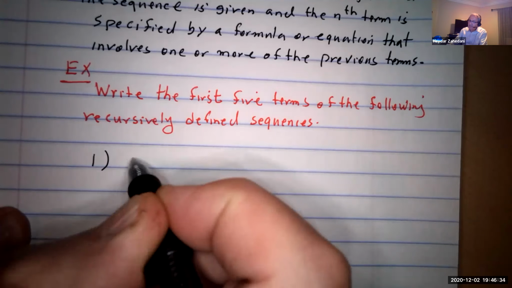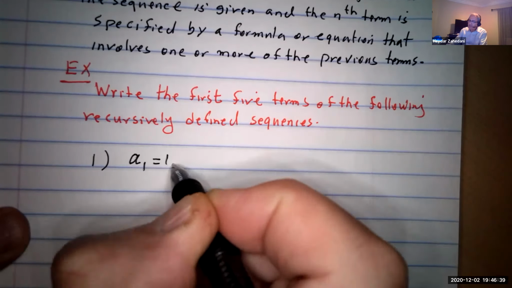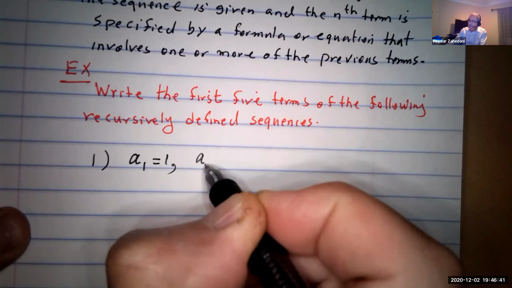This is it. The first term is given to you: a1 is equal to 1. And then you have a formula for the others.